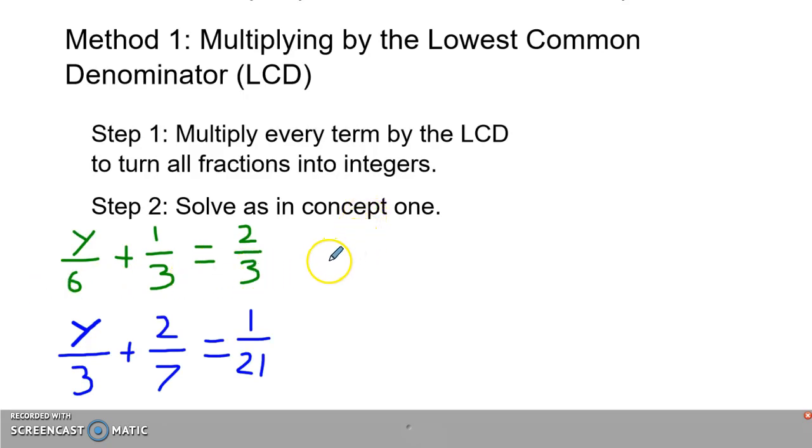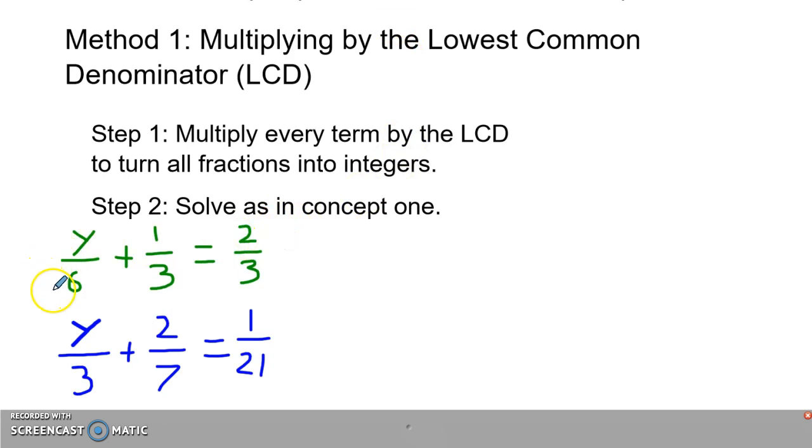One area where students can sometimes make a mistake is this: we're used to saying whatever you do to one side of the equation, you do to the other. But since we have different terms, you have to multiply your least common denominator by every single term, not just once on each side.